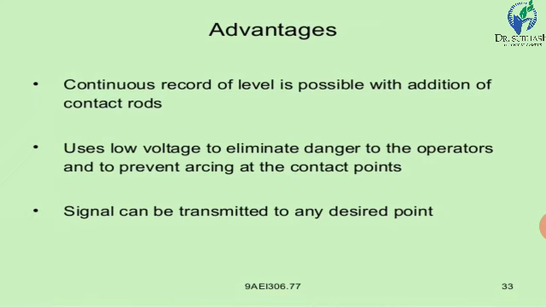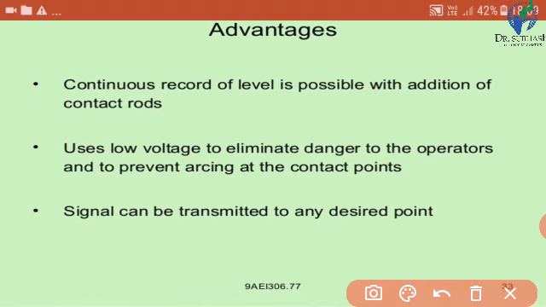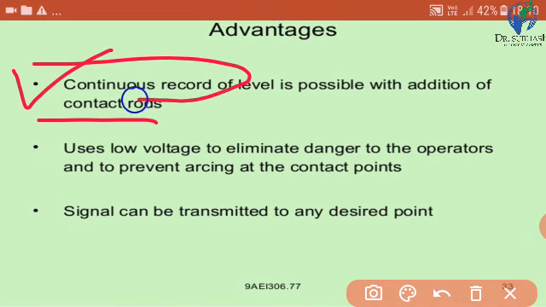Now advantages. Continuous record of level is possible with addition of contact rods. It means in this method we can use for continuous record because the rods are already permanently placed in a tube. Another advantage is it uses low voltage to eliminate danger to the operators and to prevent arcing at the contact points.